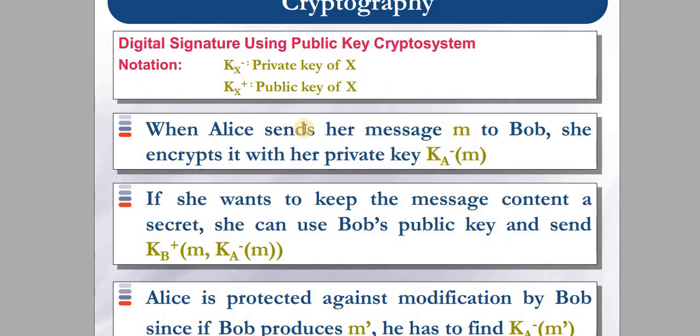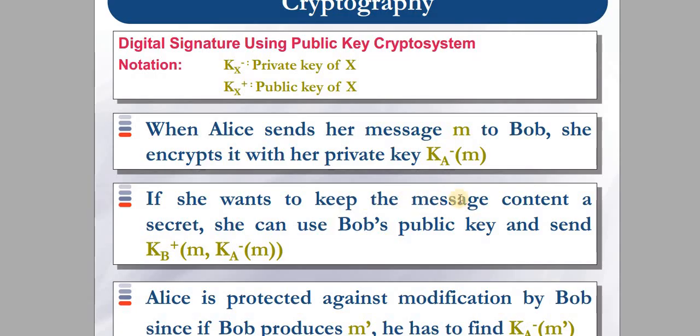To see how digital signature using public key crypto system works, let's have some notation. Kx minus is the private key of x, and Kx plus is the public key of x. So when Alice sends her message M to Bob, she encrypts it with her private key, as we have seen in the above example, which can be symbolized as Ka minus of M, in other words, encrypting message M using Alice's private key.